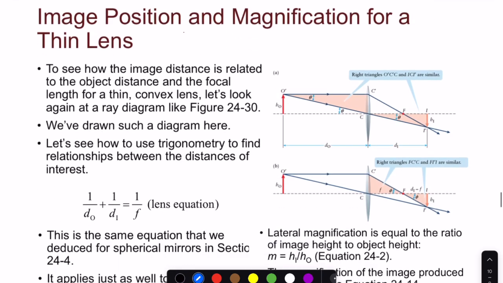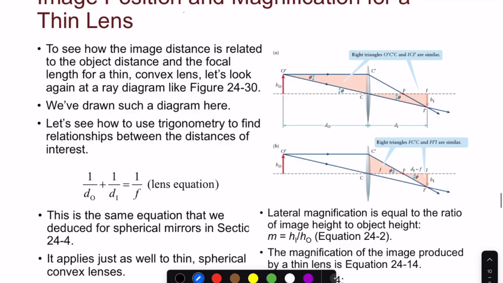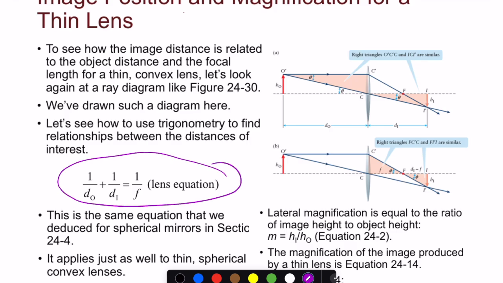So now that we've looked at some sign rules for focal length, let's, quote, derive, unquote, the image position equation and the magnification equation for lenses. It's done through geometry in a very similar way as the mirrors, and I'm going to cut to the chase here. The equation is exactly the same for mirrors and lenses. The only difference is that you're going to have a different set of sign rules for lenses.